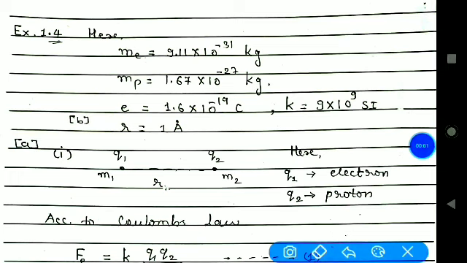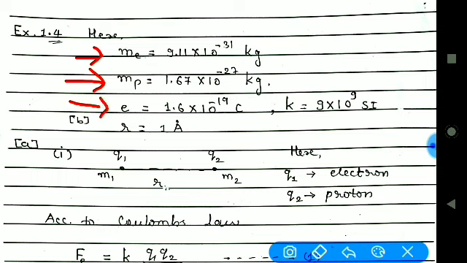So now about the solution of this example. First we will write the given conditions. Here mass of electron is given, so we have mentioned it. Even mass of proton is given.